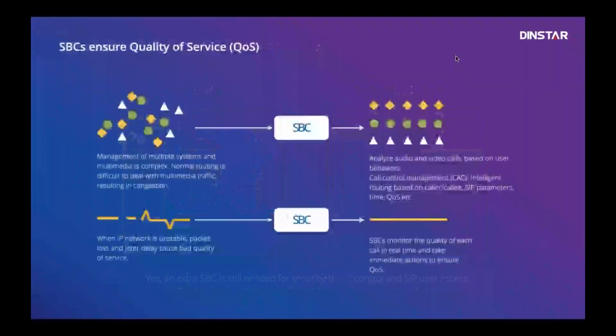Furthermore, when there is complex multimedia or when your IP network is not stable enough, an SBC can ensure the quality of services. Also, the hardware redundancy and the powerful routing features offer high availability to ensure your business continuity.